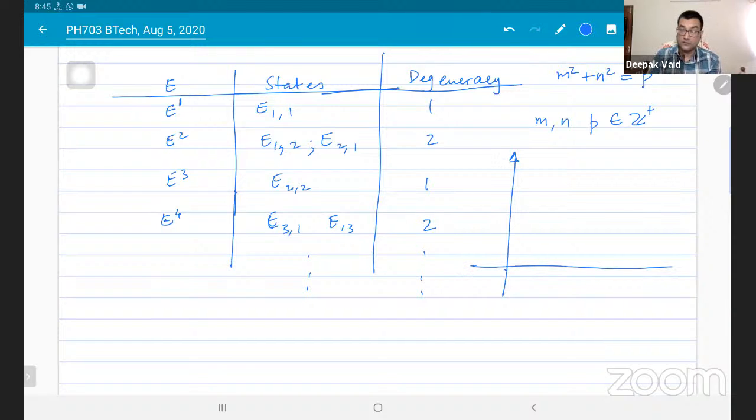So now what one can do is make a plot of this degeneracy. I'll call this degeneracy n of E. Let's see what n of E is as a function of E, right?